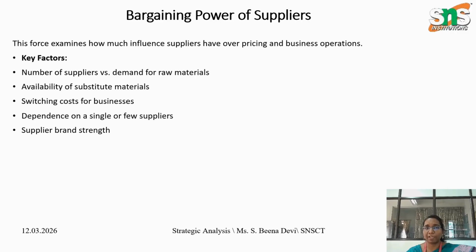The next factor is the bargaining power of suppliers. This force examines how much influence suppliers have over pricing and business operations. The key factors are the number of suppliers versus demand for raw materials, the availability of substitute materials, the switching cost for businesses, dependence on a single or a few suppliers, and supplier brand strength.